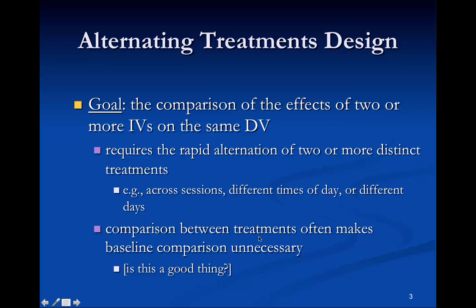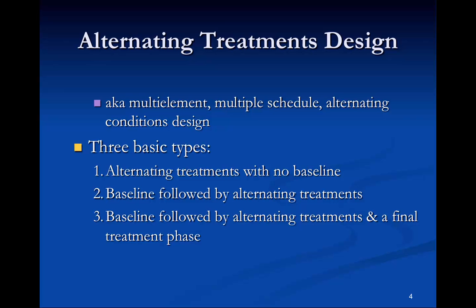And then you compare the different treatments, and because of that, typically you don't use a baseline comparison. So again, think back to Iwata's data. There wasn't a baseline comparison. He just included a baseline condition. Of course, like all these designs, and like so much in applied behavior analysis, there are different names. In some of the older articles that you will read, you'll see alternating treatment designs called multi-element.